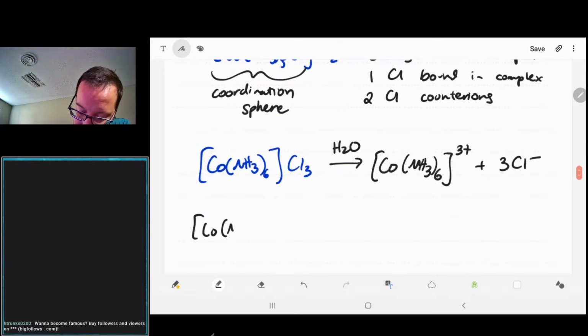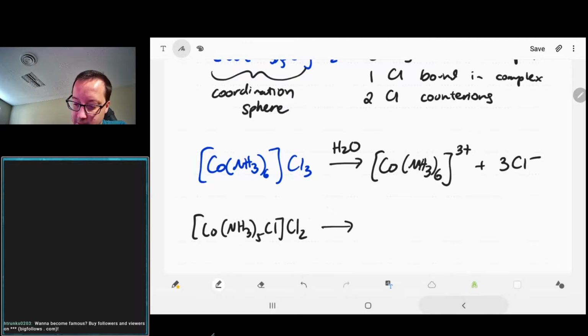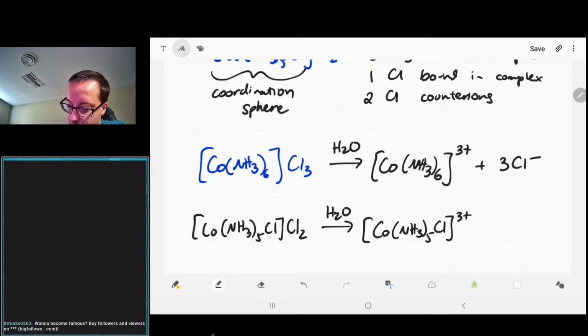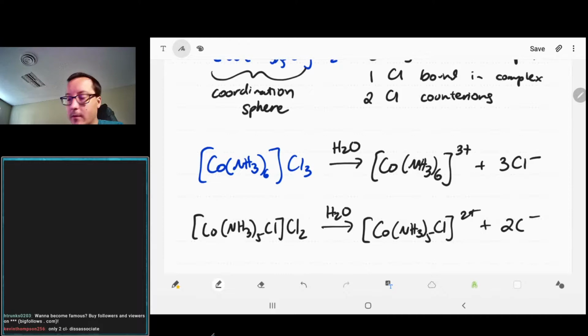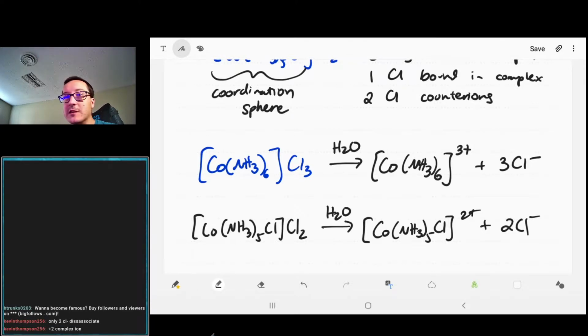If we take this compound and dissolve it, we get different, no, that's only 2+. Yes, right, yeah. We're only going to have two chlorines dissociating. We're going to end up with a different complex ion as a result. Yeah, and it's going to be +2 because we have one of the chlorines there.